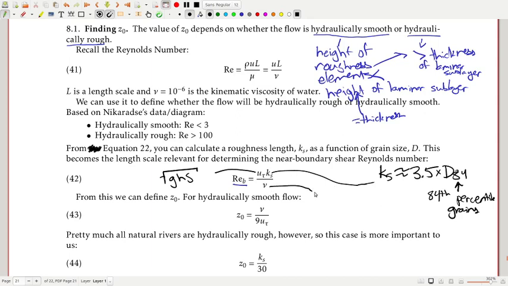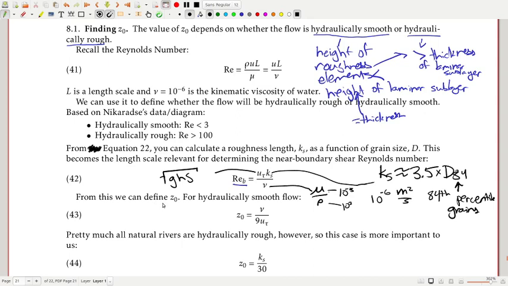And the kinematic viscosity is mu over rho. Mu is 10 to the minus 3, rho is 10 to the 3, in SI units. And so therefore, mu over rho is going to be 10 to the minus 6, with units of meters squared per second, which is similar to any kind of diffusivity.